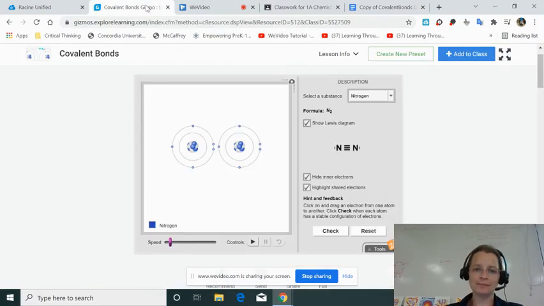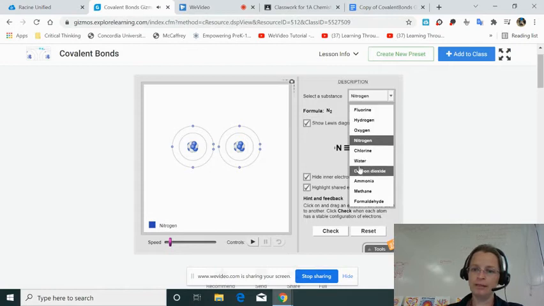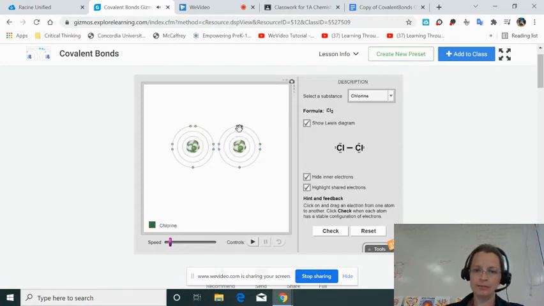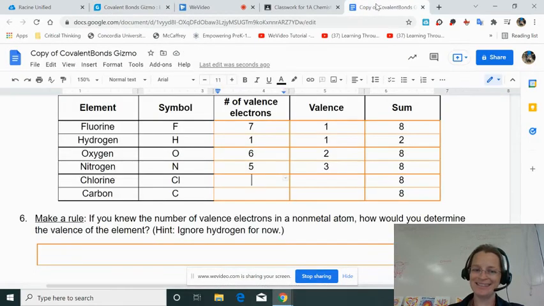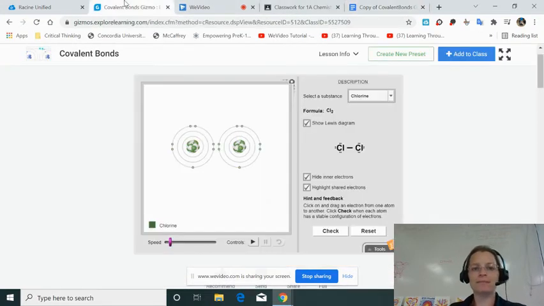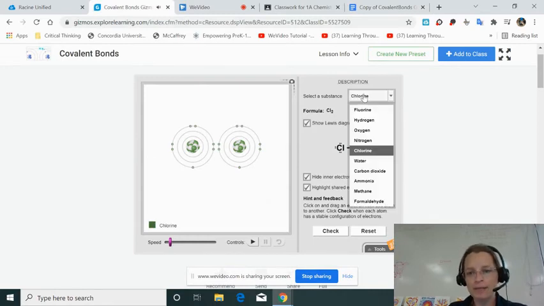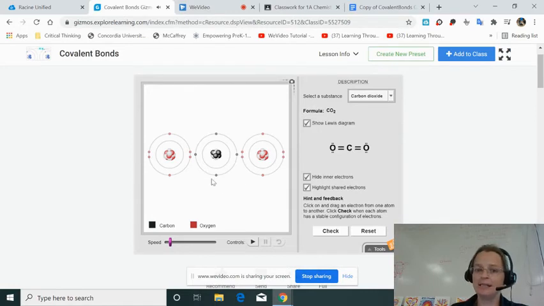Chlorine. If we pull chlorine down, it has 1, 2, 3, 4, 5, 6, 7. And 7 plus what gets us to 8? Yeah, 1. Carbon. We can't pull down carbon on its own, but we can pull down carbon dioxide. Carbon is the black one in the middle. So you go 1, 2, 3, 4.